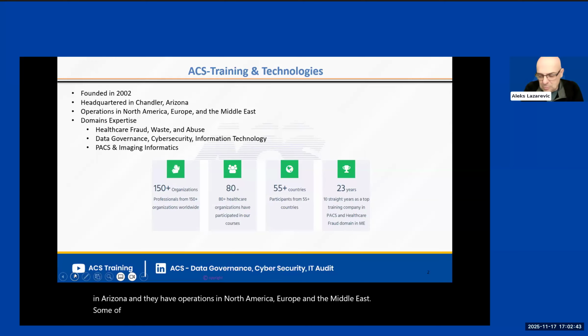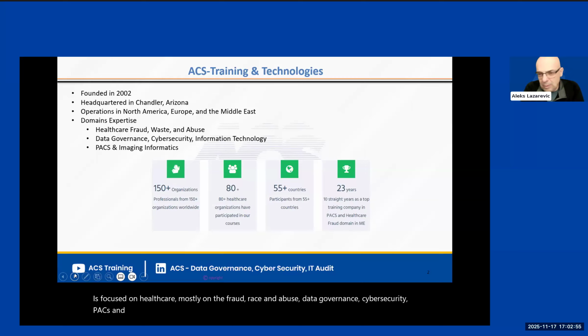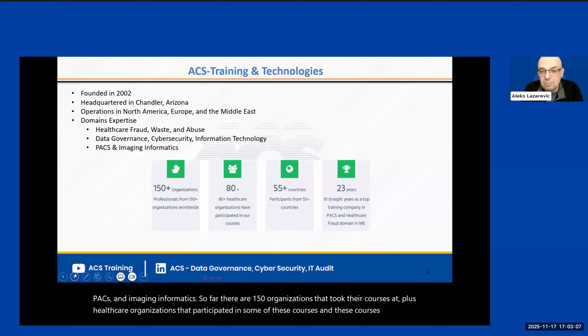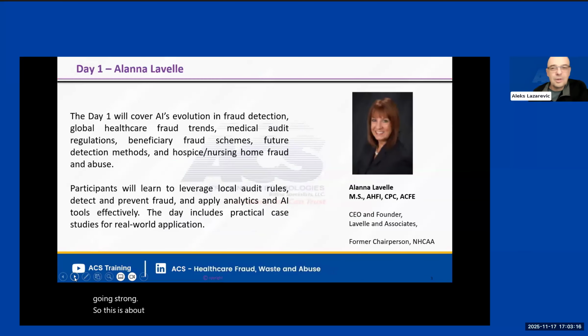Some of the expertise they provide through their training is focused on healthcare, mostly on fraud, waste, and abuse, data governance, cybersecurity, PACS, and imaging informatics. So far, there are 150 organizations that took their courses, 80 plus healthcare organizations that participated in some of these courses, and these courses were delivered across more than 55 countries. And of course, they exist for more than 23 years and are still going strong. So this is about the organizer.